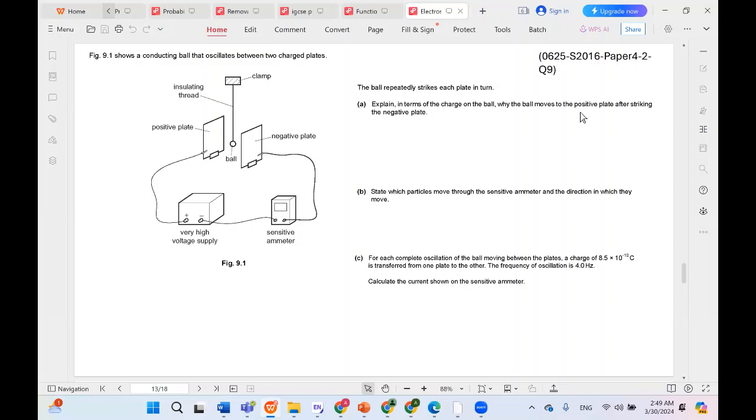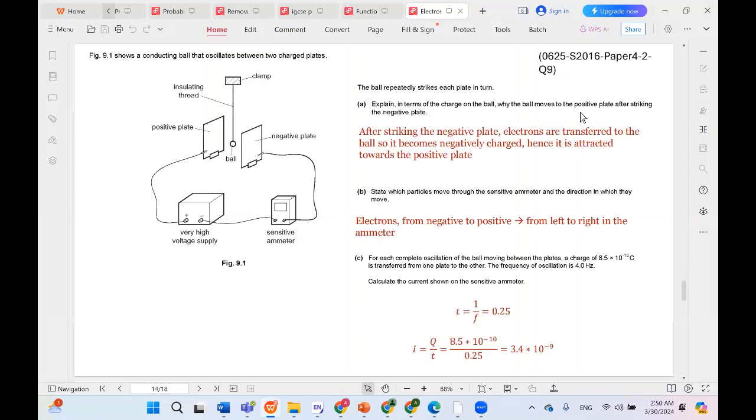Explain in terms of charge on the ball why the ball moves to the positive plate after striking the negative plate. We saw a similar question to this on the video on electrostatics. We said that once the ball hits the negative plate, it acquires negative charges. When it acquires negative charges, it is repelled from the negative plate because negative and negative repel each other.